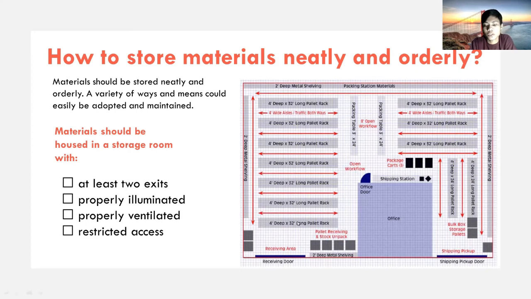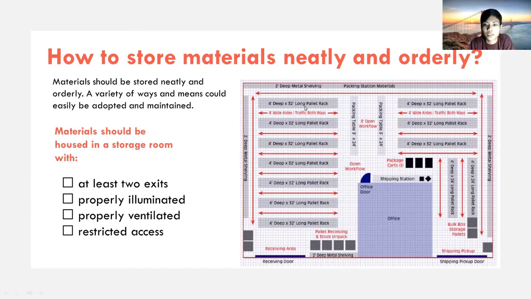As shown in this picture, meron siyang receiving door and meron siyang pickup door, which is not only used for receiving and picking up. This is also used in case of emergencies for evacuation exits and for enough space para makamove yung materials inside and out of the storage room, and properly illuminated.